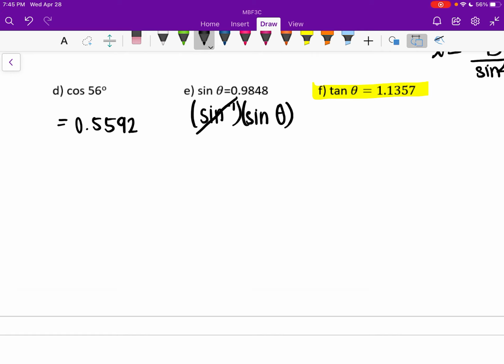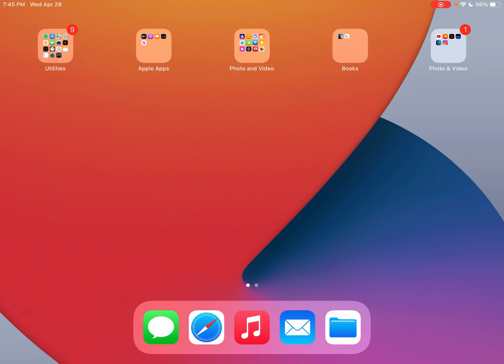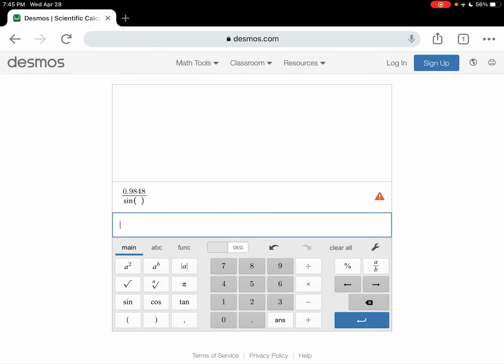And then the sine inverse gets rid of this sine, and whatever you do to one side you have to do to the other, so it'll be sine inverse times 0.9848, right?